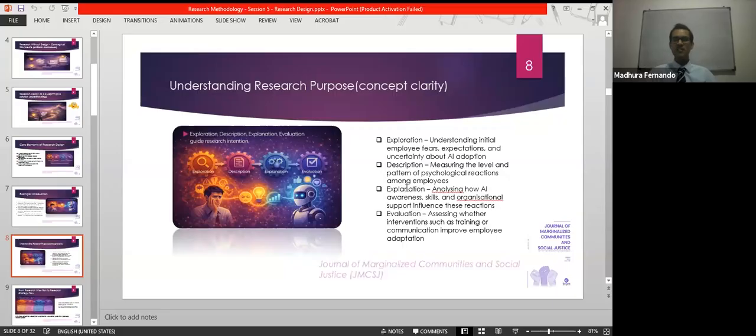The second function is description. Say you have found out the nature: there are some employees who are positive, others who are negative, and some are neutral, so there are three types of employees. Now you know that, and then you define some variables depending on their attitudes, personality traits, and perceptions.